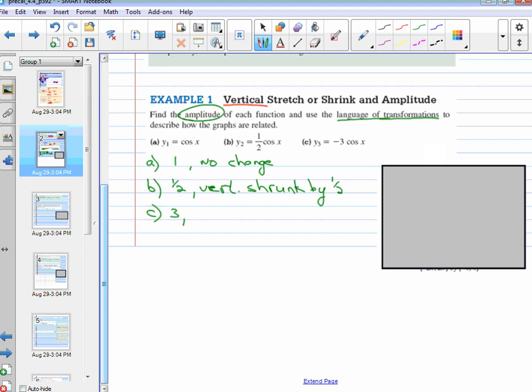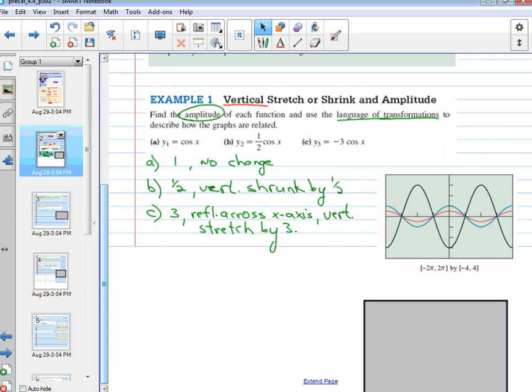It still has an amplitude of 3, but it has been reflected and vertically stretched by a factor of 3. And I need to say how it's been reflected, because we can reflect across the x or y. Reflected across the x-axis, and then a vertical stretch by a factor of 3, 3 times as tall.